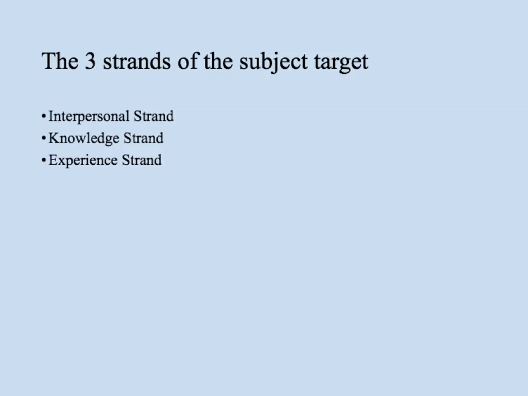And the next logical question to ask is, how are those themes selected? Well, they are selected according to 3 main purposes for using language. So, for example, we use language for interpersonal relationships. We use language to get knowledge.